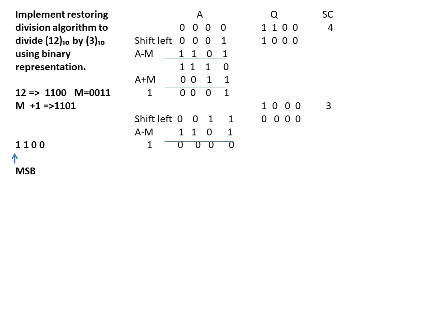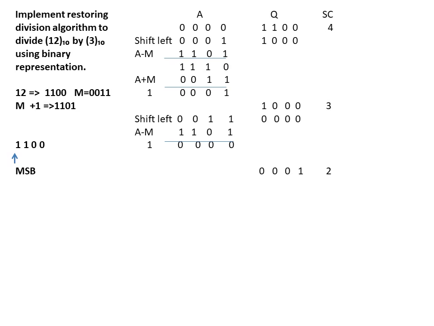So we have to replace the least significant bit of Q with 1. Before this step, the Q value is all 4 zeros. Now the least significant bit of Q is replaced with 1. And we have to decrement the sequence counter. Now the sequence counter becomes 2.